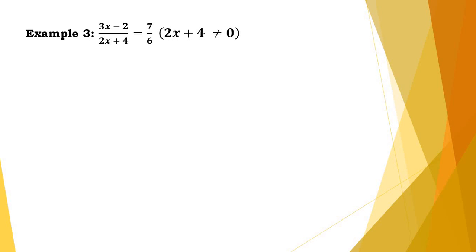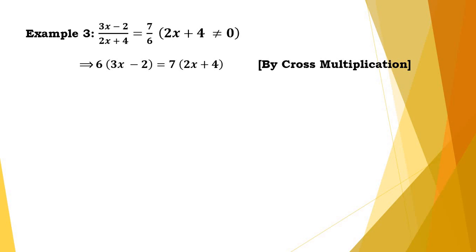So what we will do in this case, we will cross multiply. Okay, cross multiply as in 3x minus 2 will be multiplied to 6 and 2x plus 4 will be multiplied to 7. Okay, so 6 into (3x - 2) is equal to 7 into (2x + 4).